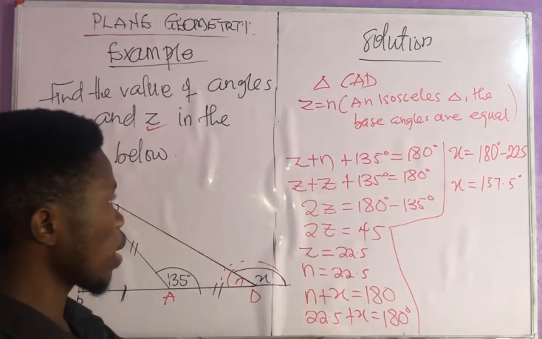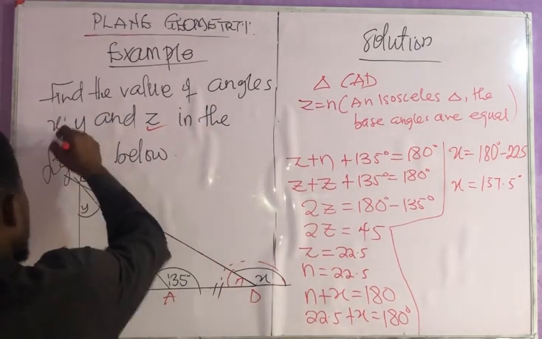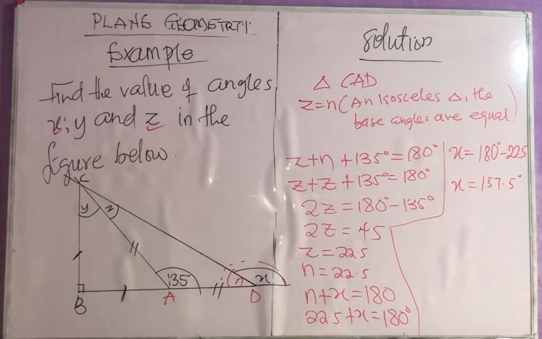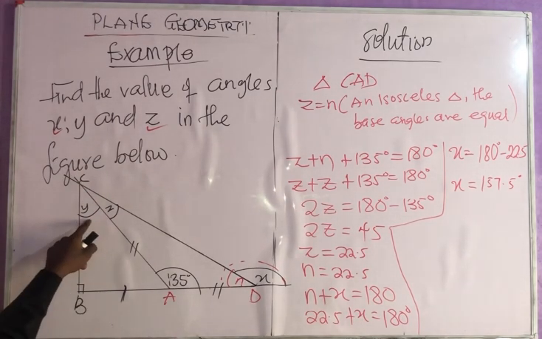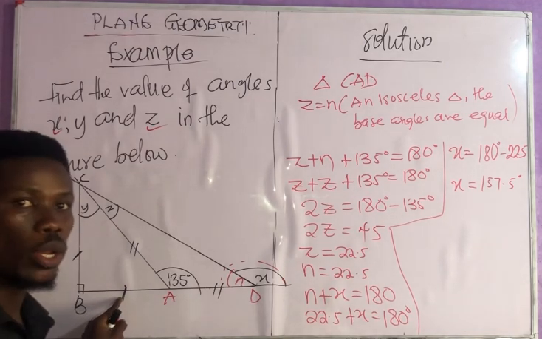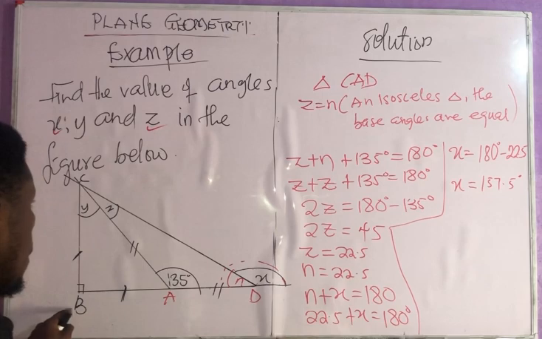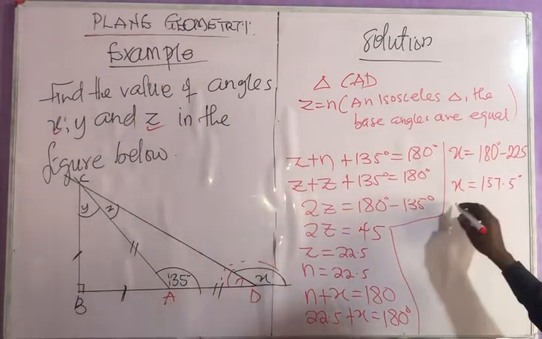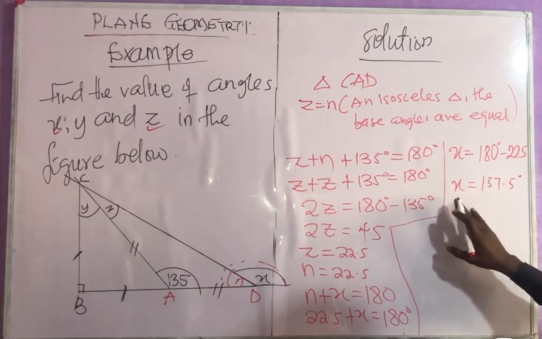Now after getting our x, the last one that we have to look for is y. Where can we find y? Here. Have you seen it? Before you can search for y, we need to consider the triangle BCA.